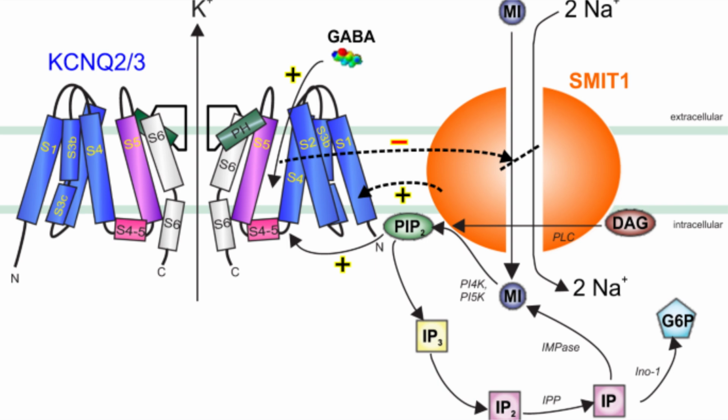Now, among the many K+ channels, or voltage-gated potassium channel subtypes, KCNQ2/3 channels, which are also known as KV7.2/7.3 or M-type K+ channels, play a really important role in controlling neuronal excitability. These channels generate the M current, a non-inactivating, slowly closing potassium current that is active at subthreshold voltages.